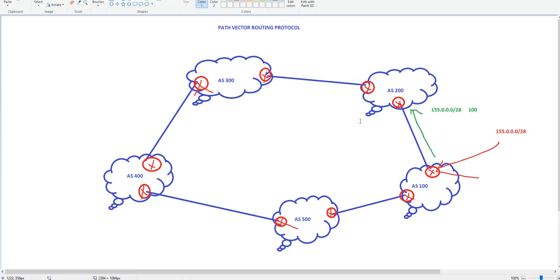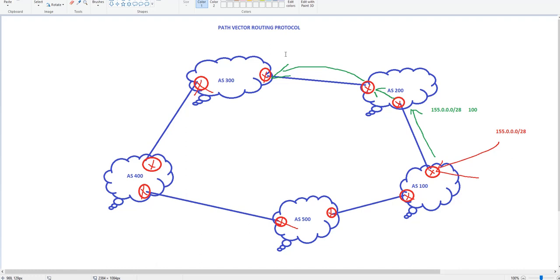Now when this update is passed over IBGP to this router, and this router gets that update, it will try to update that information to this EBGP peer. Am I right? Because this belongs to AS200 and this belongs to AS300, that is why I call this an EBGP peer.